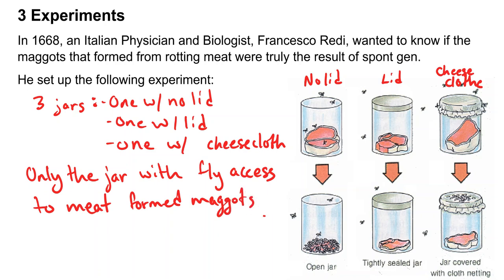And he was pretty certain that this was quite solid evidence to kind of refute the idea of spontaneous generation. So what we're going to do is we're going to go through this experiment. We're going to kind of define some things. So just bear with me for a second.